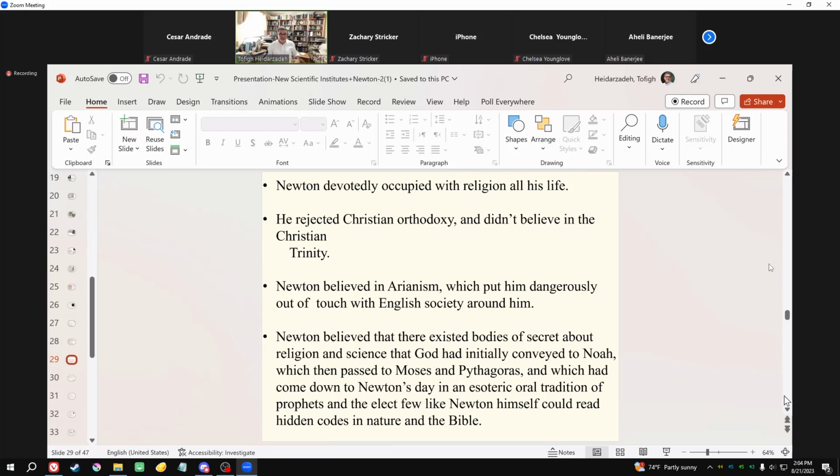He didn't believe that the Father, Son and Holy Ghost are the same and equal. He believed that we have a higher entity, you can call it God, the Creator, and the rest are in a lower rank. So he spent time to discover this God, which in his eyes was a mathematician.